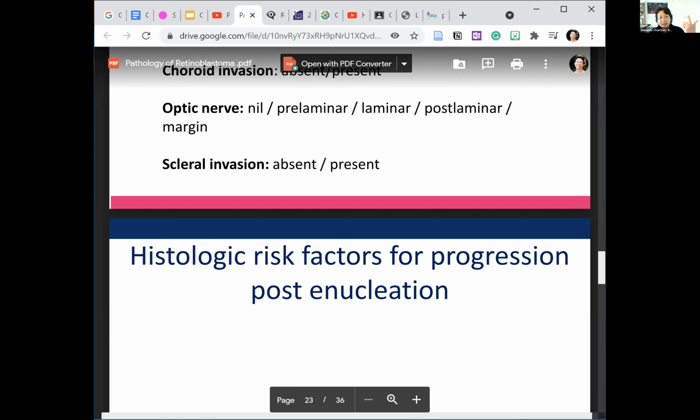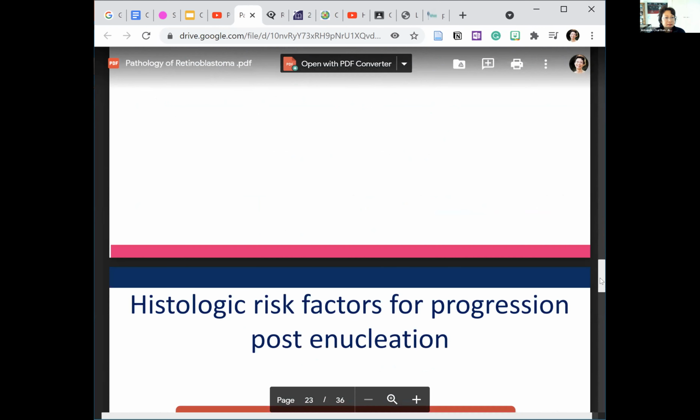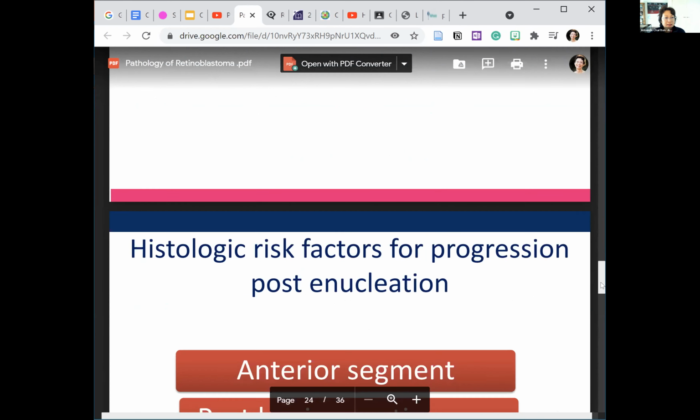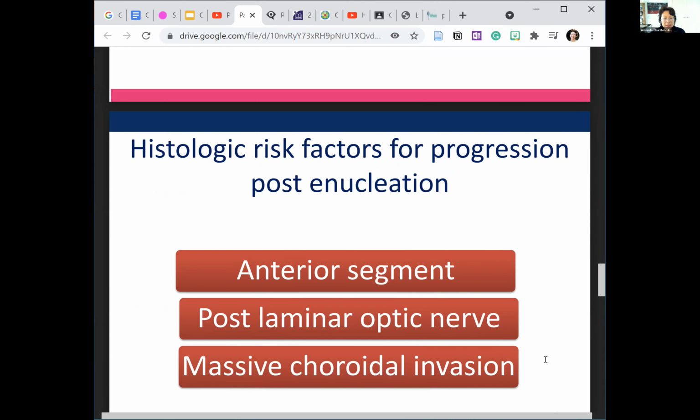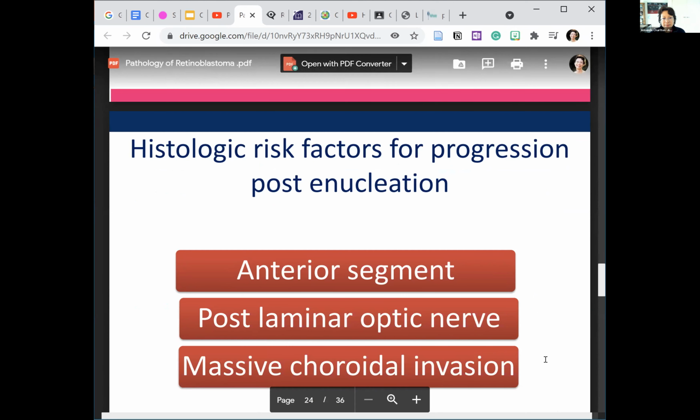Vascular patterns, says Anna, differentiation, pleomorphic, mitotic. So for progression post-enucleation, margin's really important. All surgeons are concerned with margins. High risk factors. Okay, anterior segment involvement, post-laminar optic nerve, and massive choroidal invasion.